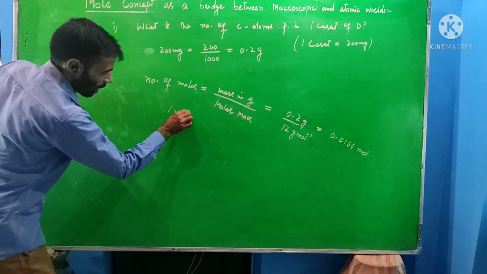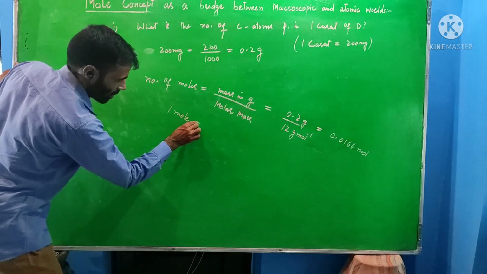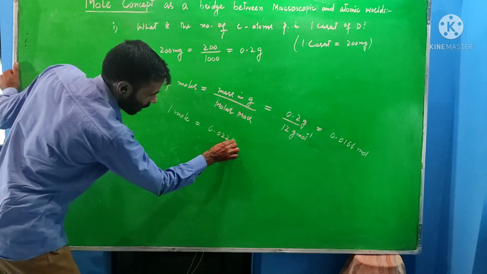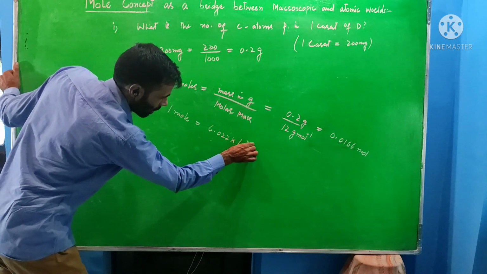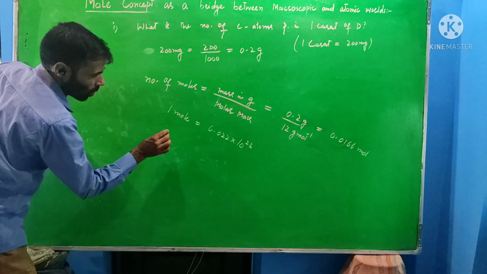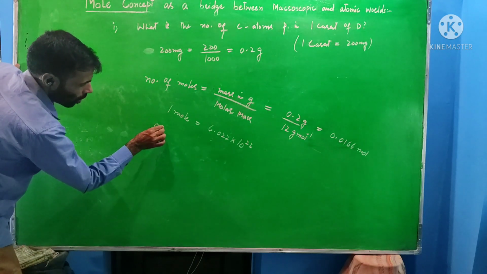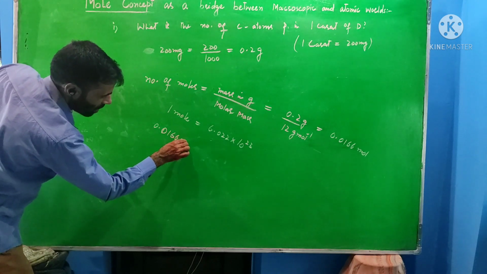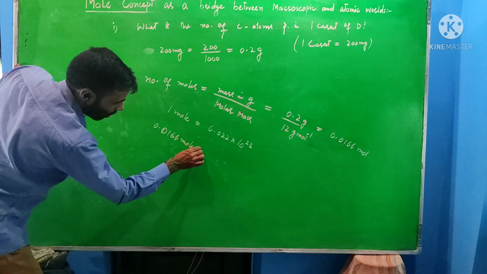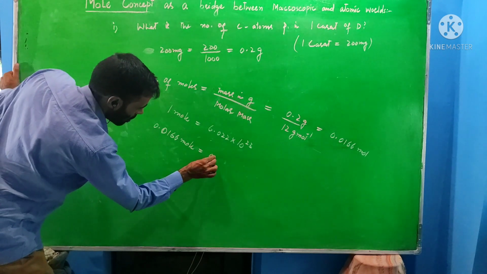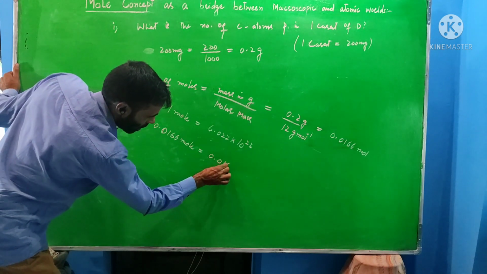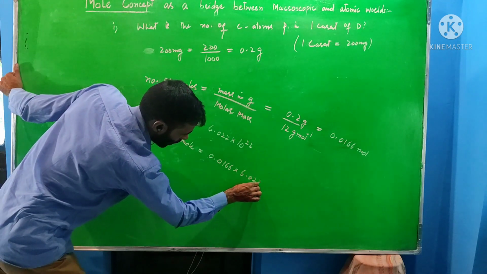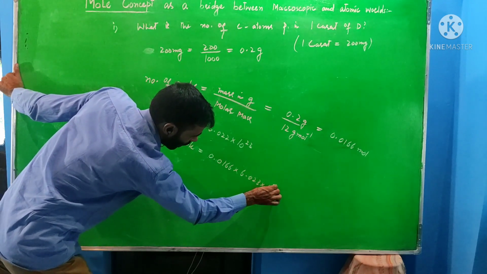Now we know that 1 mole contains a number of entities equal to 6.022 into 10 raised to power 23. So 0.0166 moles will contain a number of atoms equal to 0.0166 into 6.022 into 10 raised to power 23.